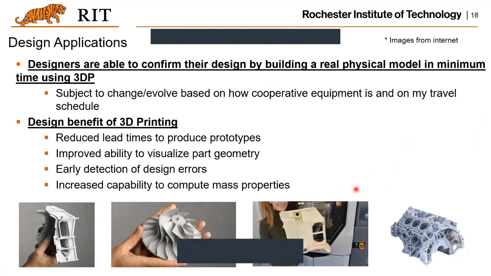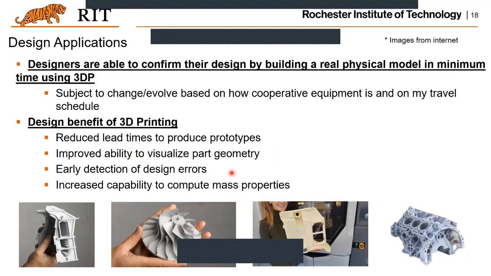So basically, why do we need additive? How could we utilize it? First of all, we could use additive to prototype what you designed before the mass production, right? For example, these pictures show the prototyping of additive manufacturing. And you could reduce the lead time to produce those prototypes.